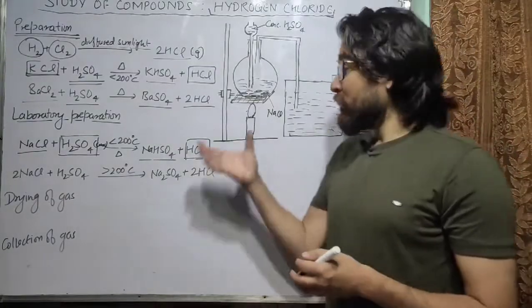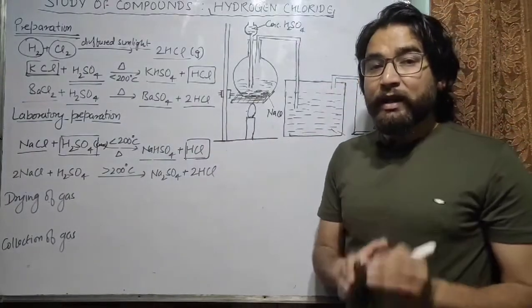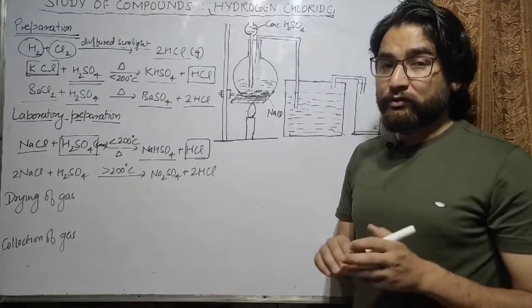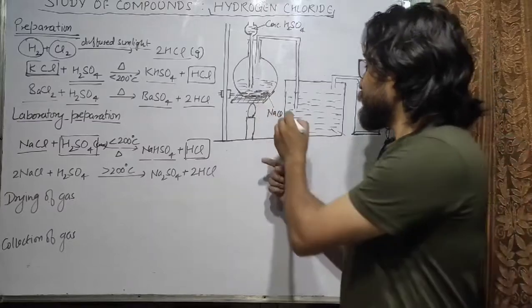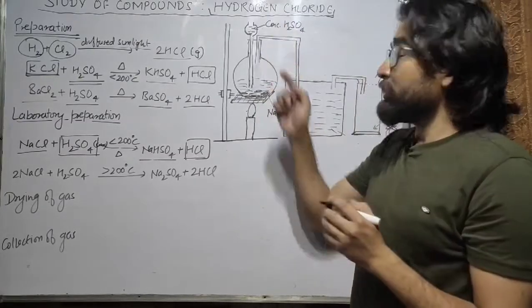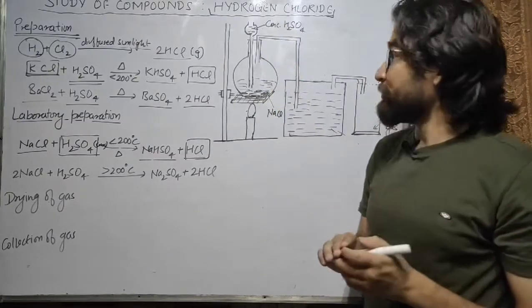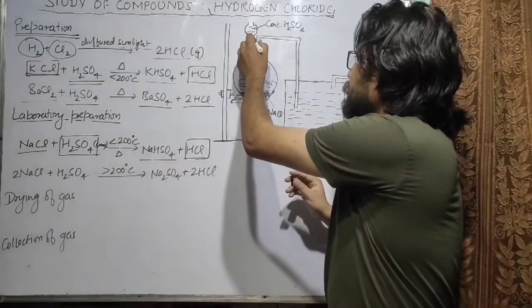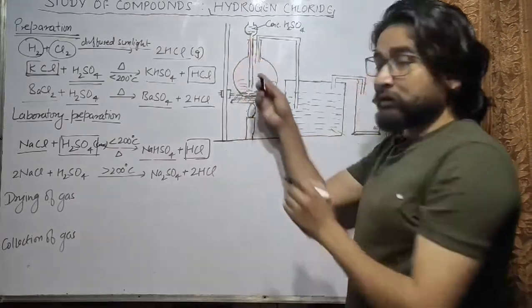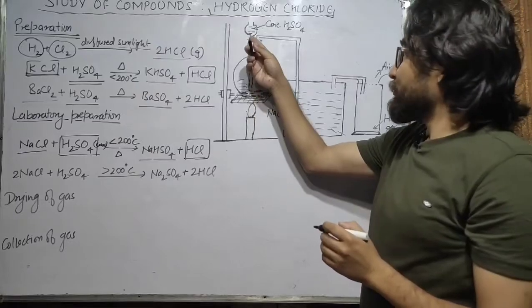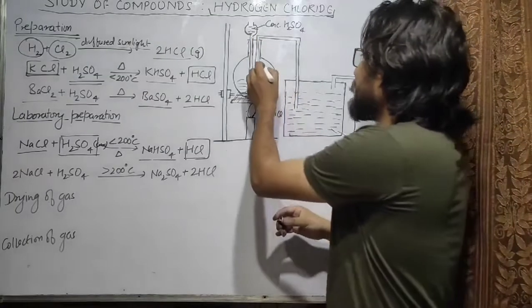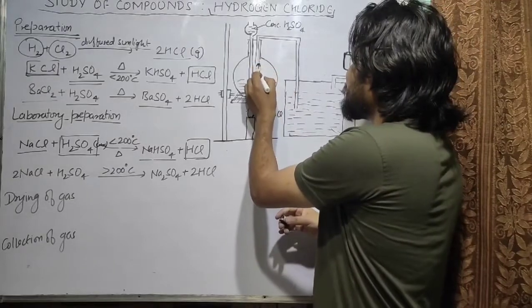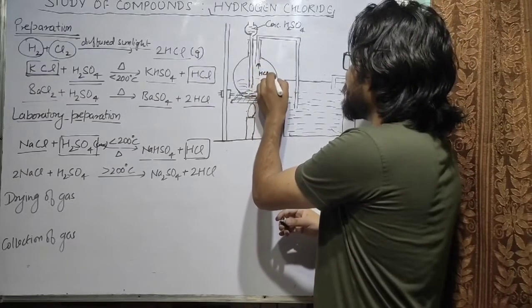Now this is the whole setup of the laboratory preparation of hydrogen chloride. So what do we have? We have a round bottom flask in which we keep NaCl and we pour concentrated sulfuric acid from the top. So there are two openings in the flask, one for the entry of concentrated sulfuric acid and other for the exit of HCl gas which is formed here.